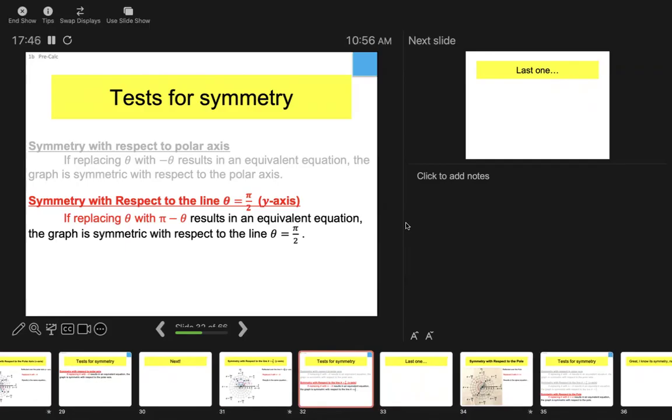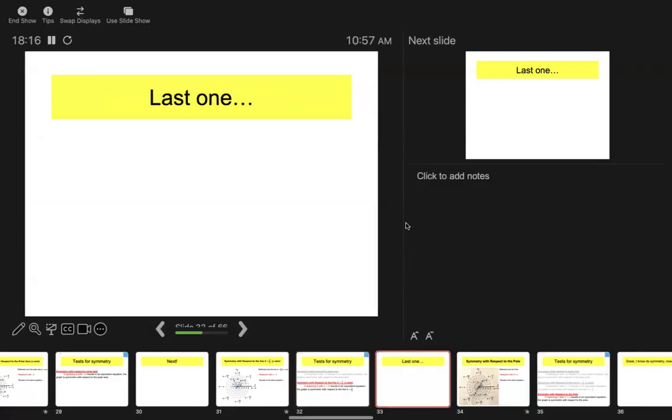The second one is pi minus theta. And then the last one.